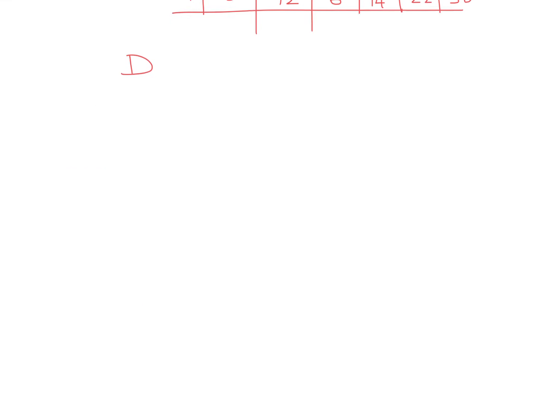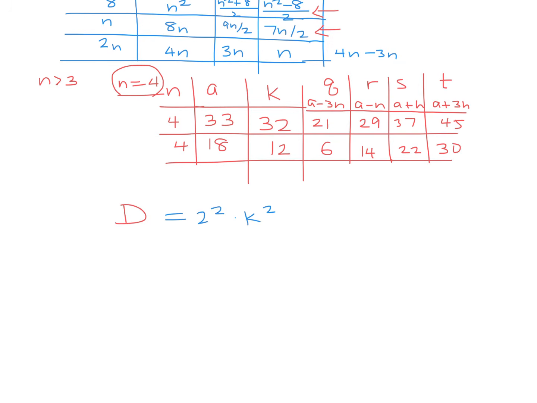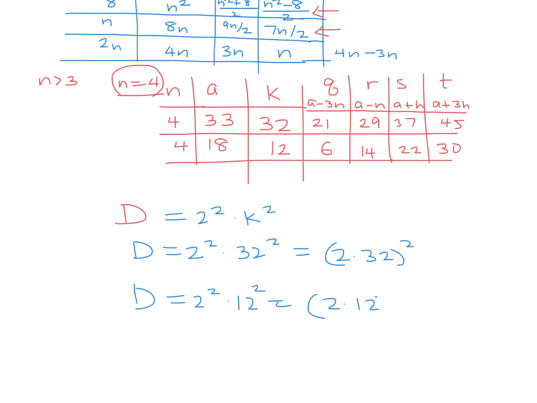So let's use that. That's a little bit simpler. And since we have k, the d would either be 2 squared times 32 squared, which is definitely a perfect square because you can just factor it out, or the second d would be 2 squared times 12 squared, which is of course also a perfect square.